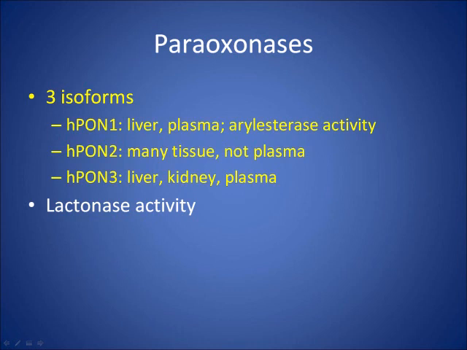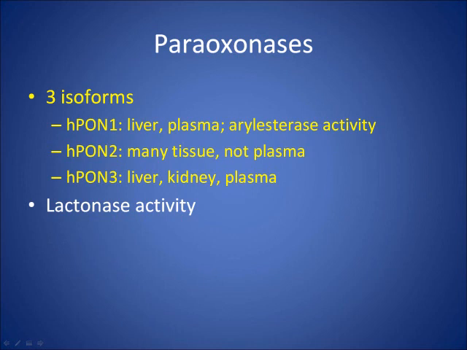The three paraoxonase isoforms are all found in the liver. PON2 is found in most tissues, and only PON3 is a soluble enzyme found in plasma, although PON1 is found in blood associated with high-density lipoproteins.